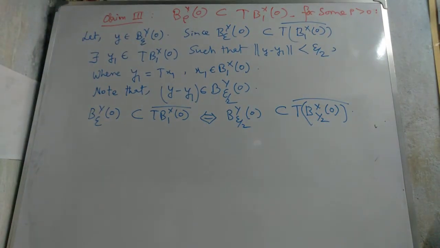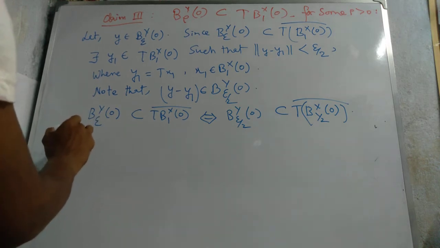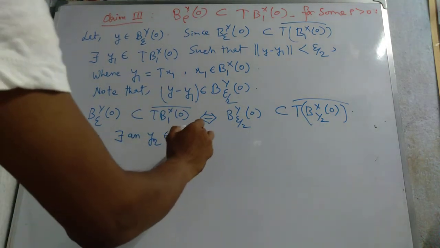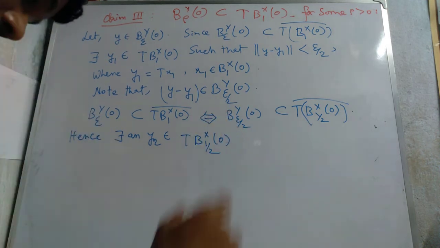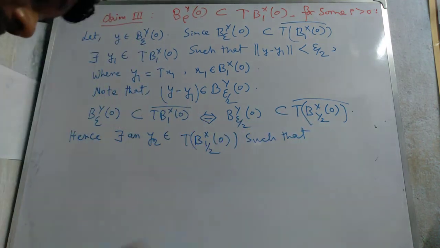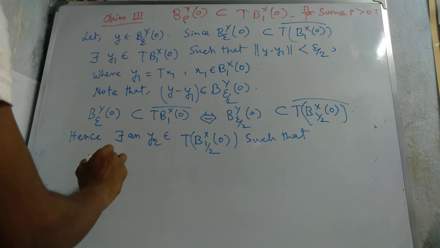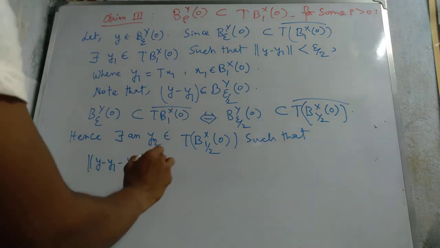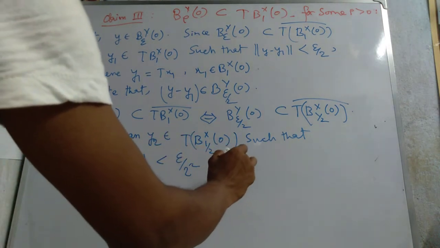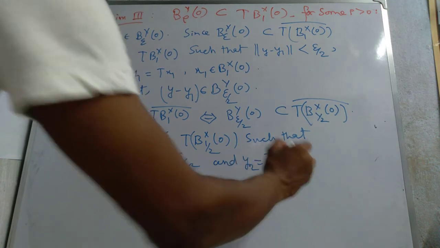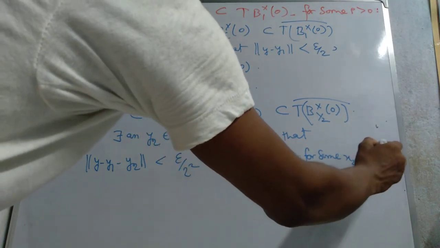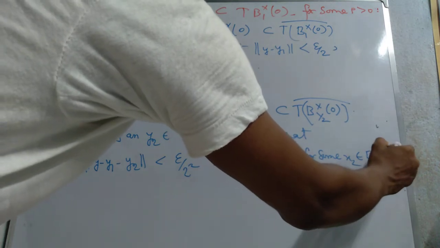Now, hence there exists y2 belonging to T(B_1/2(x0)) such that norm of y − y1 − y2 is less than epsilon/2 squared, and y2 equals T(x2) for some x2 belonging to B_1/2(x0).